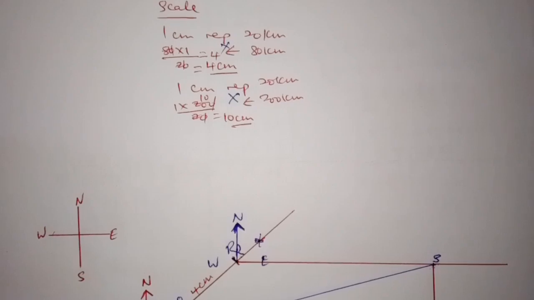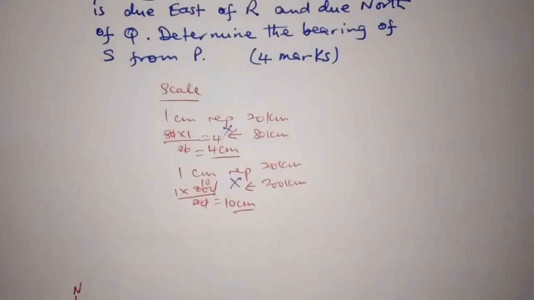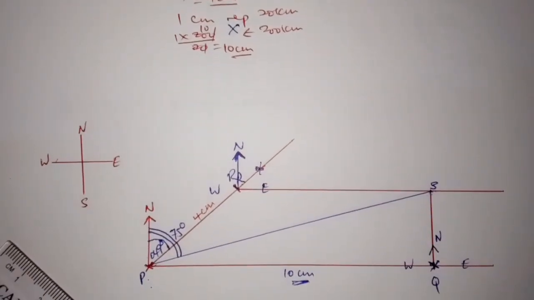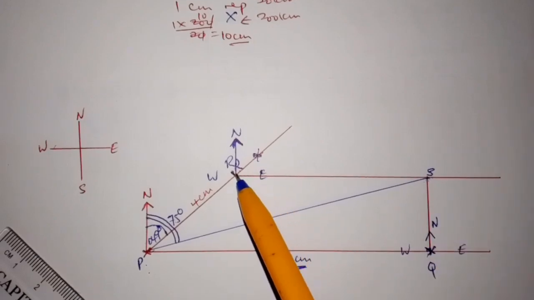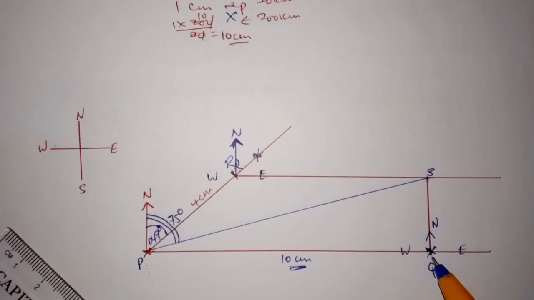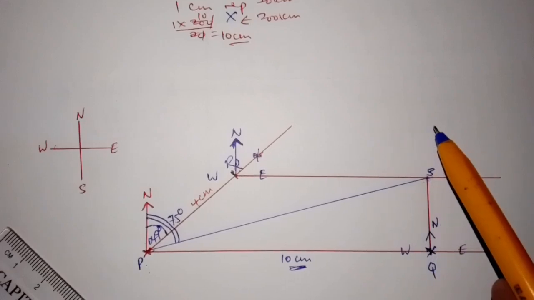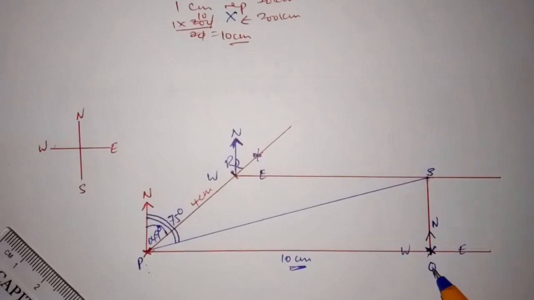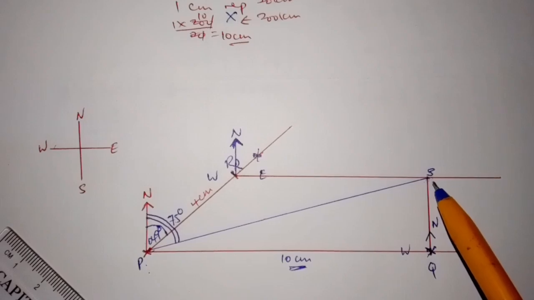Town S is due north of Q. So we draw a straight line east of R, then we draw another line going northwards from Q, and it joins at S. This is where we name S. So town S is here.